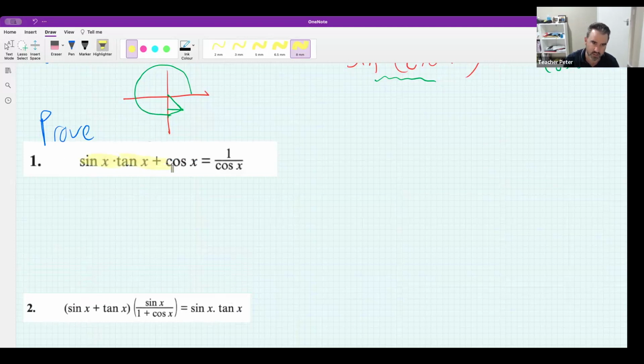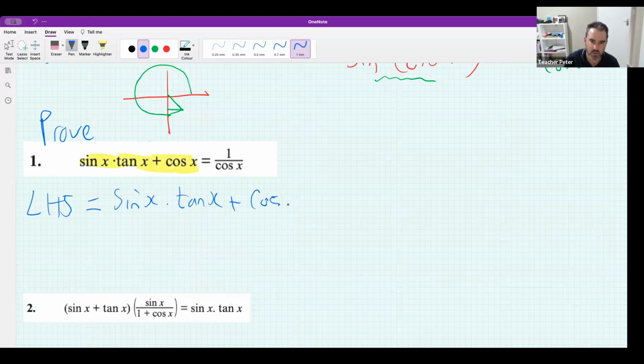So this is the harder side, and you work with it, and it's called the left-hand side. So you say the left-hand side is equal to this. But you need to now work with this left-hand side to make it equivalent to the right-hand side, and then you are considered to have proved it.